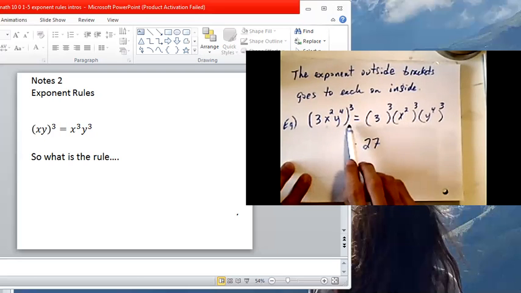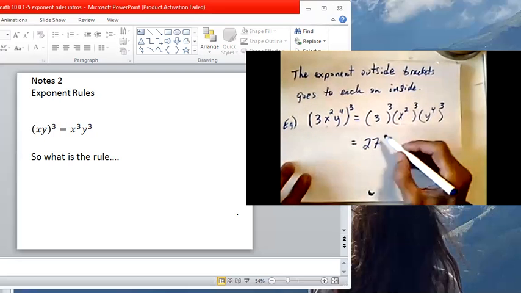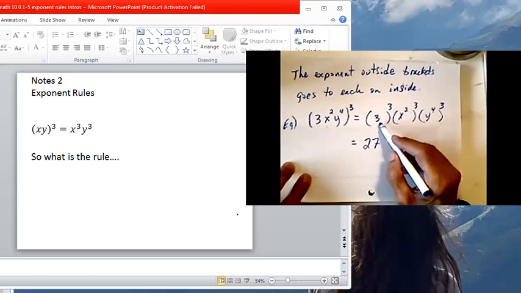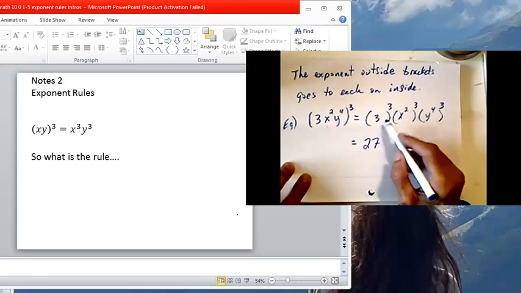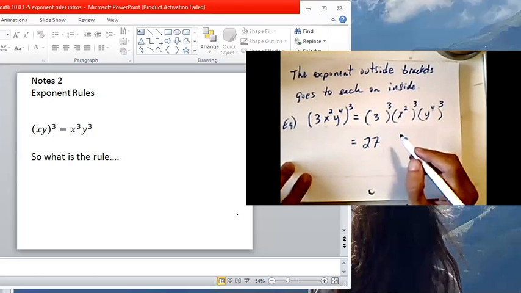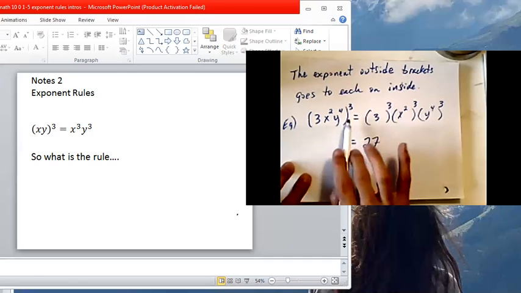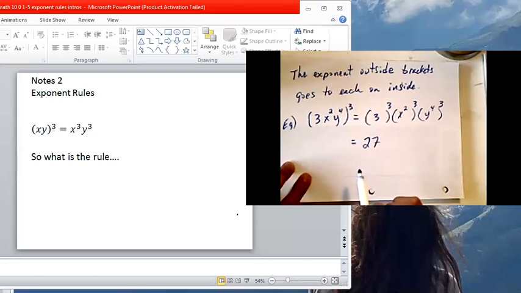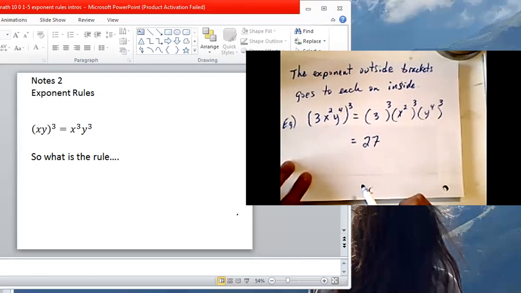This 3 goes to each thing on the inside. Okay. So 3 times 3 is 9. Then we add the number in the top, like 2 plus 4?